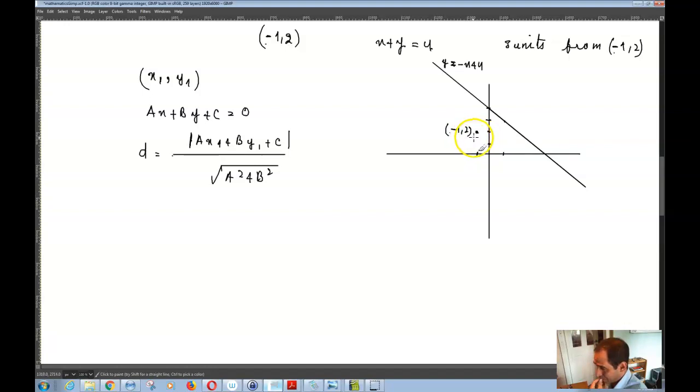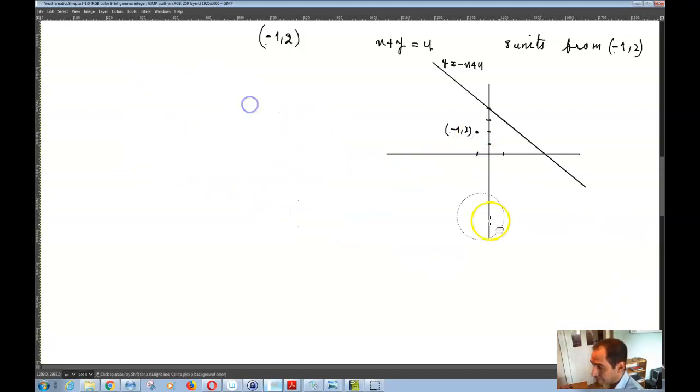Now I already know the slope of this line.